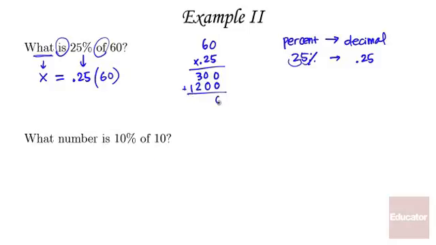Add them together: 0, 0, 5, 1. How many numbers are behind decimal points? I only have 1, 2. So you're going to start here, you're going to go 1, 2. Remember, zeros at the end of a number behind the decimal point can be dropped, so this is just going to be 15. So x, this unknown, is 15. That means 15 is 25% of 60.